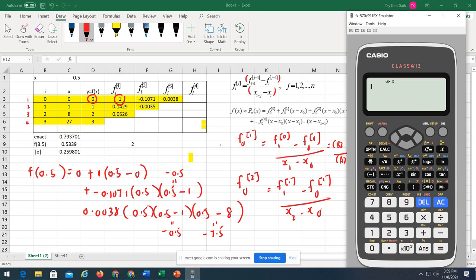So you have 1 times 0.5, which is 0.5, and then minus 0.1071 times 0.5 times negative 0.5, which is 0.5 minus 1, plus 0.0038 multiply 0.5 multiply negative 0.5 multiply negative 7.5. So you get the same, 0.5339.